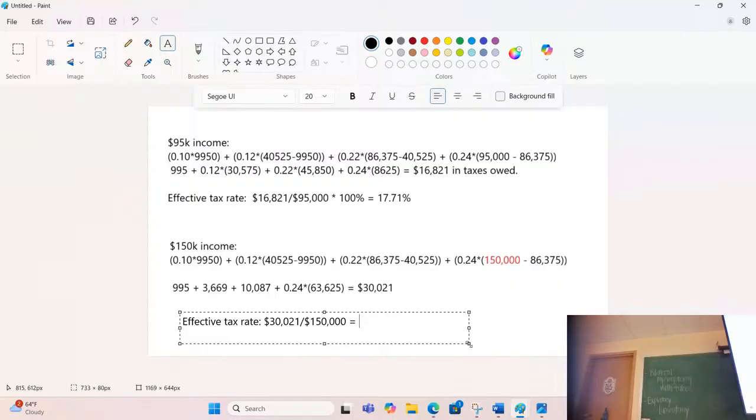So this 3,669, yeah, you would have to multiply it by 12%.